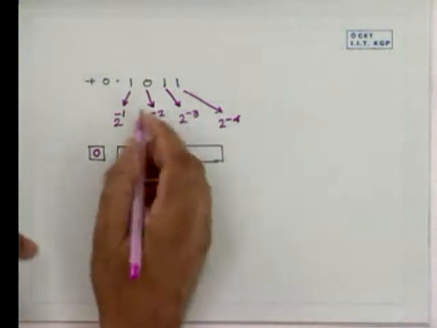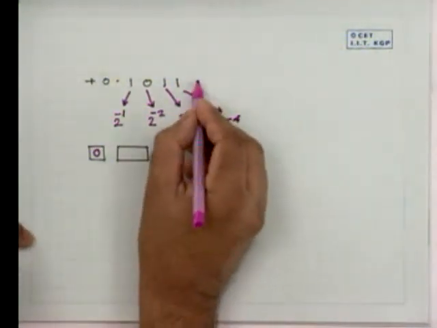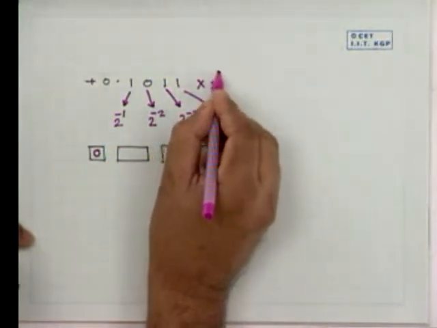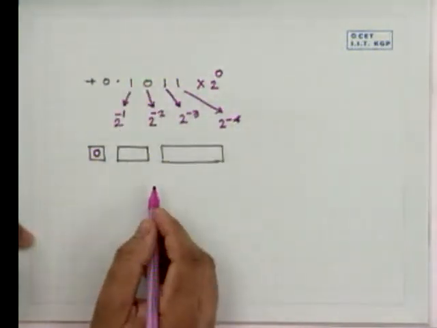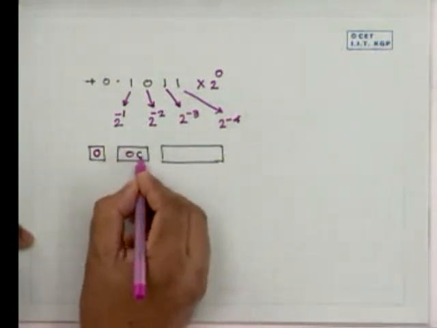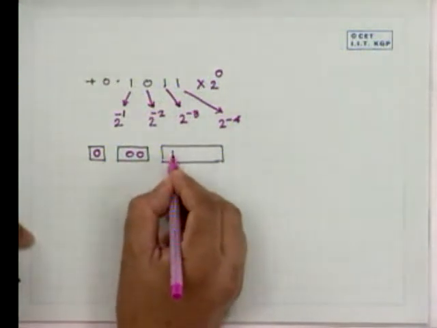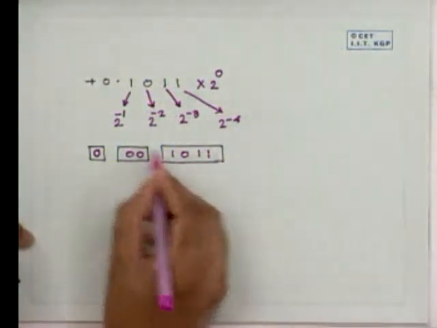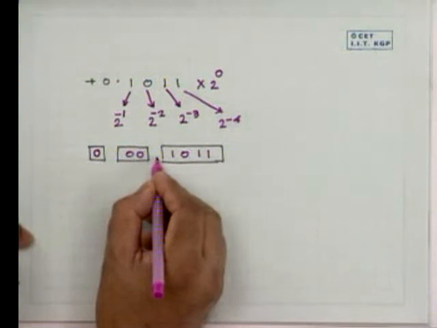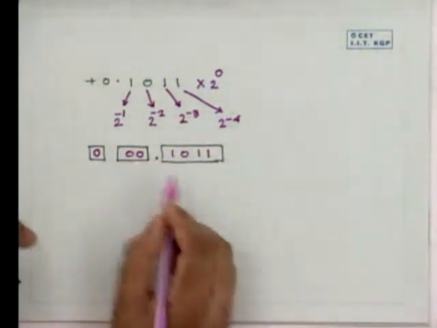The exponent here is 2 to the power 0, that is the number we have taken. Therefore, the exponent is 0, 0, and the mantissa is 1, 0, 1, 1. We assume a binary point here, which we do not represent.